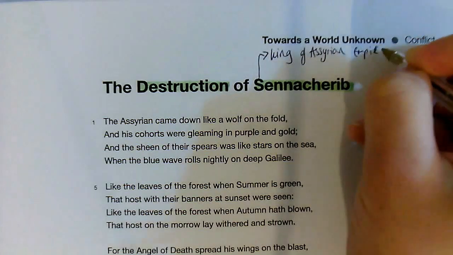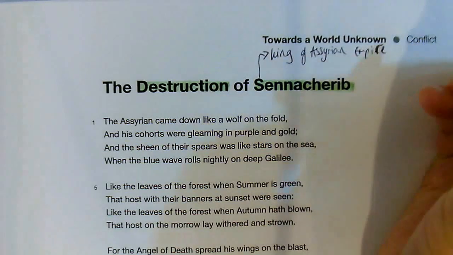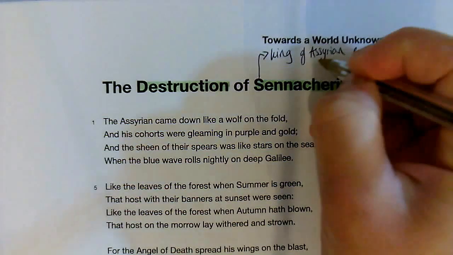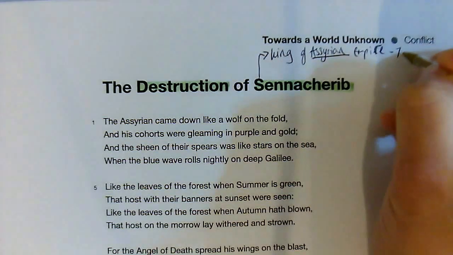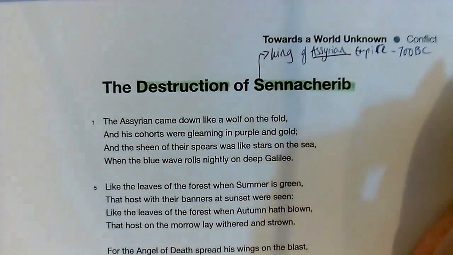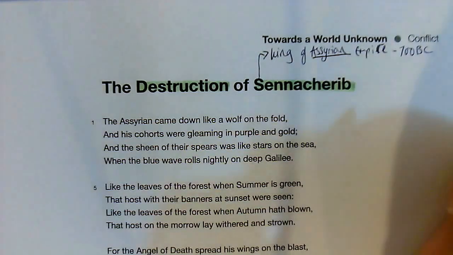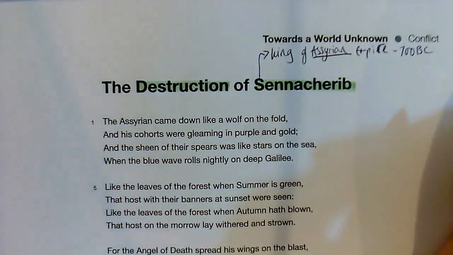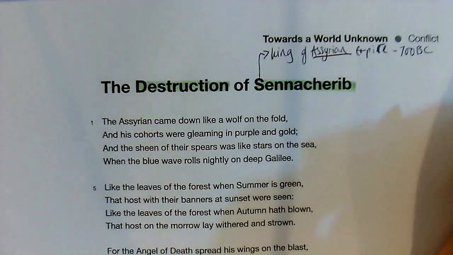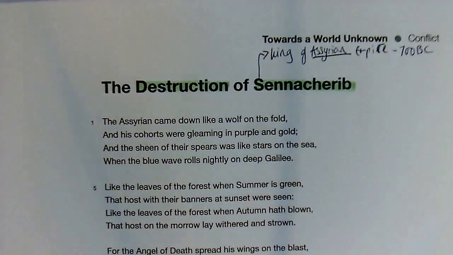So before Rome had an empire, about 700 years BC, the Assyrian Empire was very large. It covered most of what we would call today the Middle East, and even down to Egypt, and even up to Turkey as well.